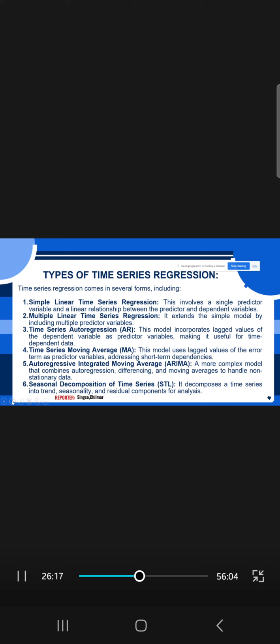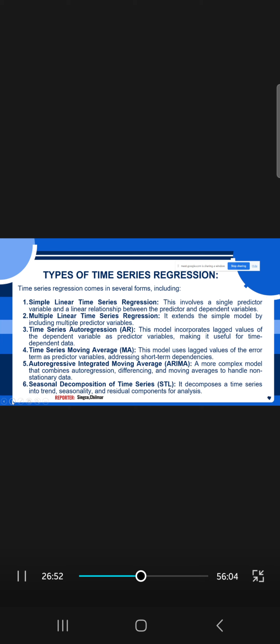Next is time series autoregression. An autoregression model is a linear regression model in which the dependent variable is regressed on its own lag values. That means that the current value of the dependent variable is regressed on its values from one, two, three or more time periods in the past.